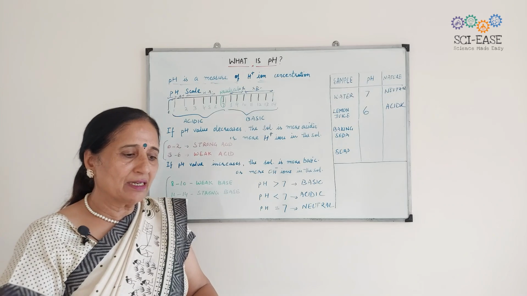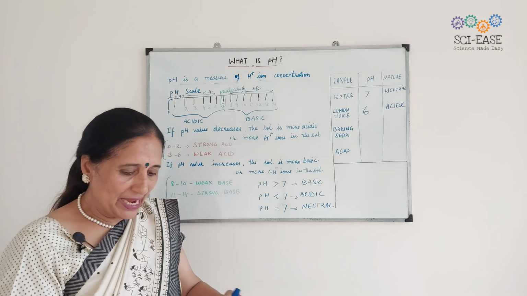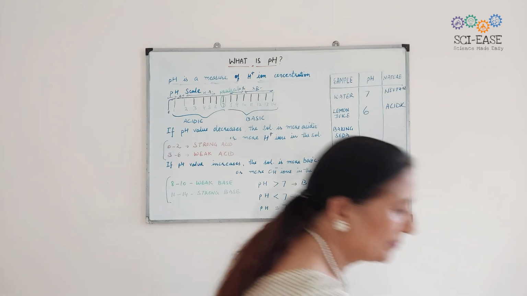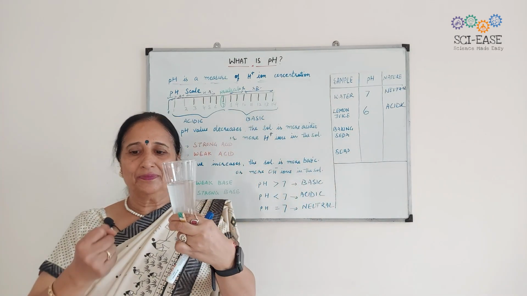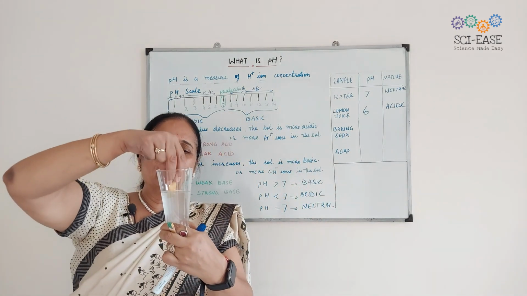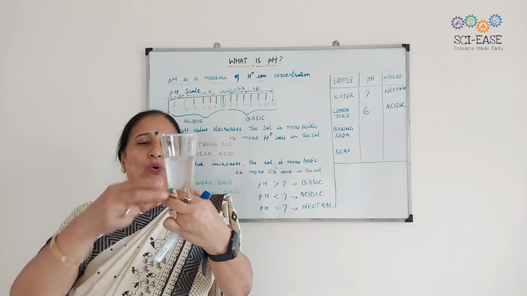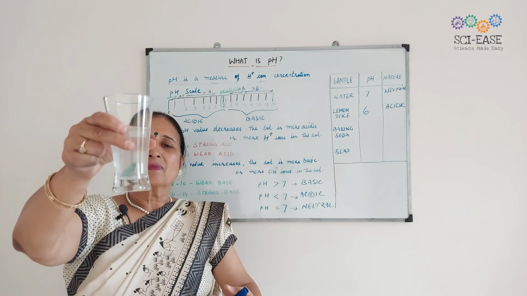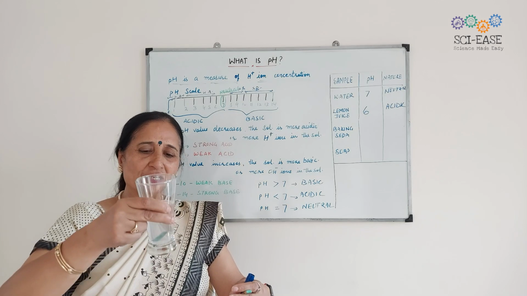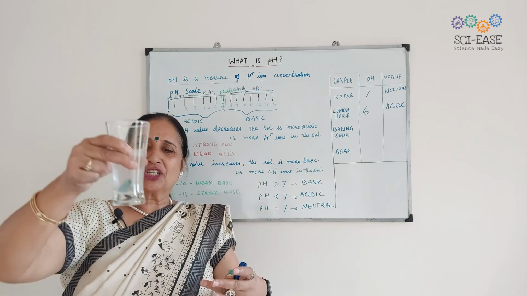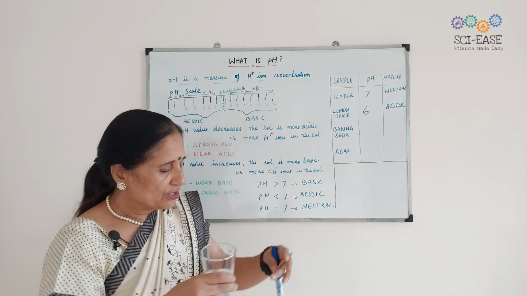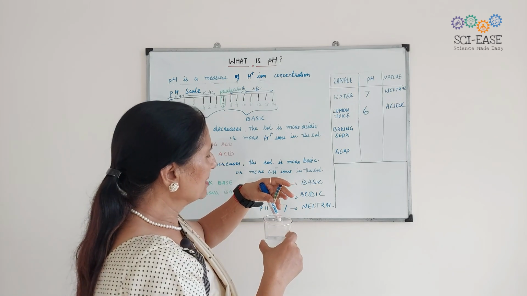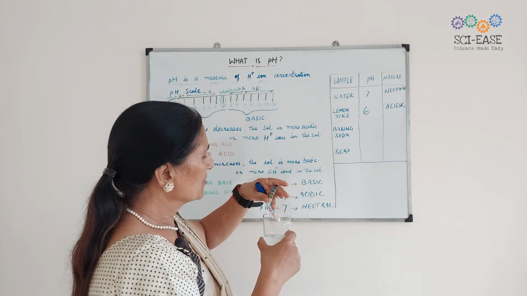Now we will take this baking soda. I will put this in, and it has changed into bluish green, dark purplish. There are some numbers marked on this paper.